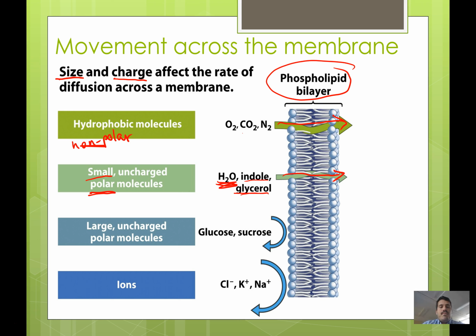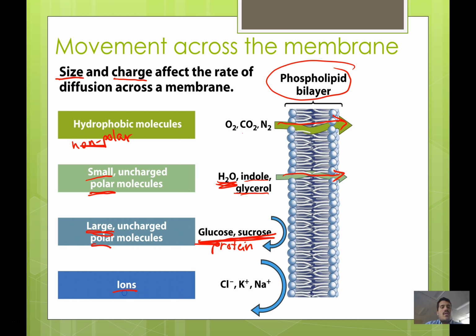Two different kinds of molecules aren't going to have a very easy time passing through the phospholipid bilayer. The first kind is if the molecule's really, really big. If it's too big, especially if it's too big and polar, it's not going to just pass through the membrane. A really good example of this are the carbohydrates or proteins. They don't just run through the membrane. They're going to need a transport protein there.